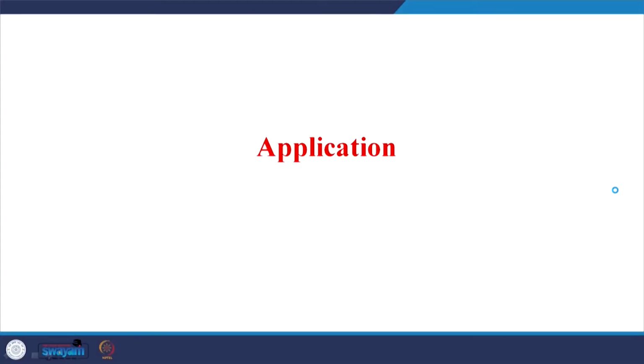Application: as I told, the application is you could see the live reaction, but going into more detail, I have taken an example of the enzyme beta lactamase, where I used to work, but also the person who worked on Raman crystallography most, William C. Perry.